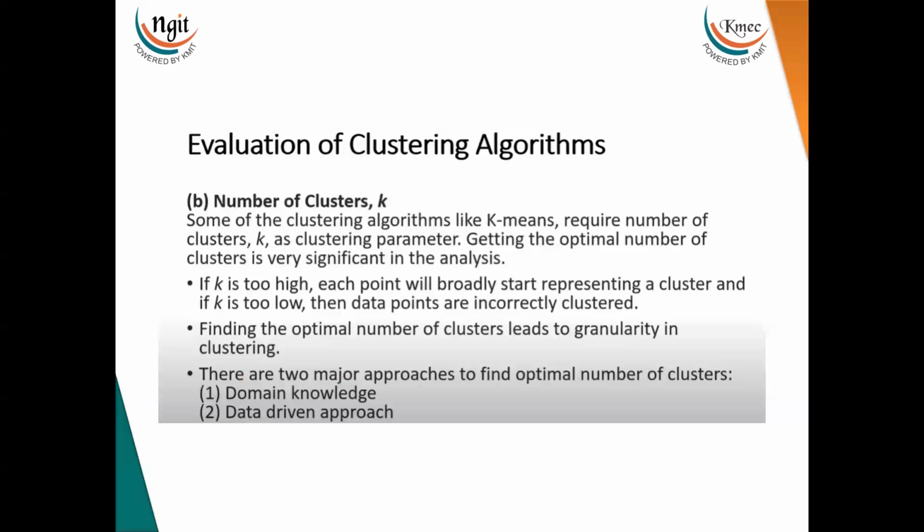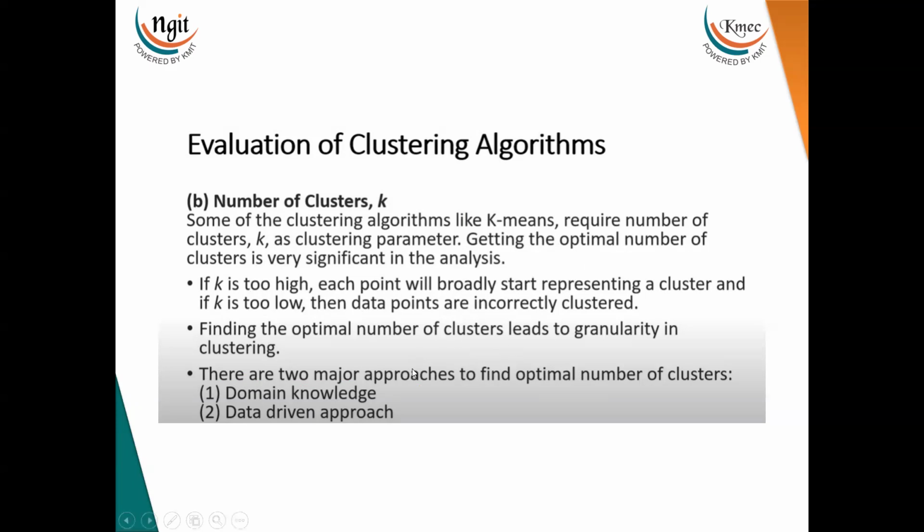If you take the k value too high, most of the points which may not be related to that cluster will come into the cluster. And if you take the value too low, sometimes the data points may not be correctly clustered. So the k value should not be too high or too low.